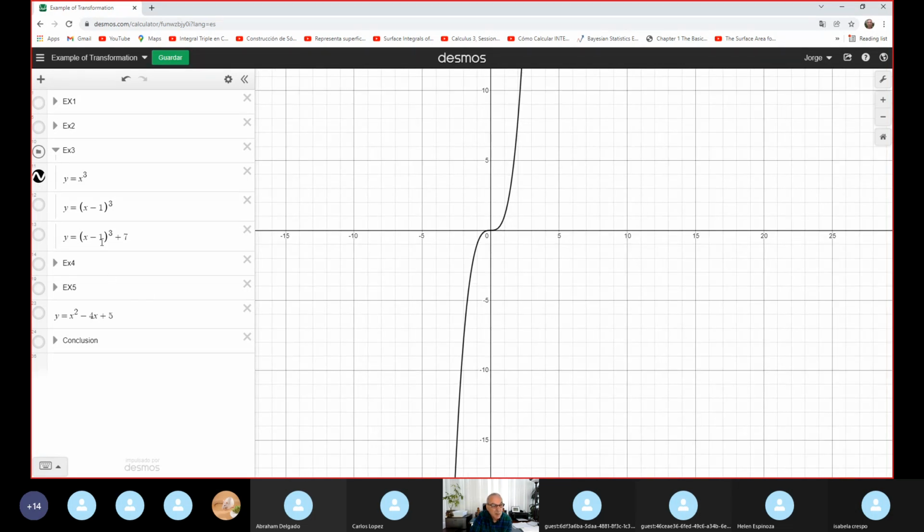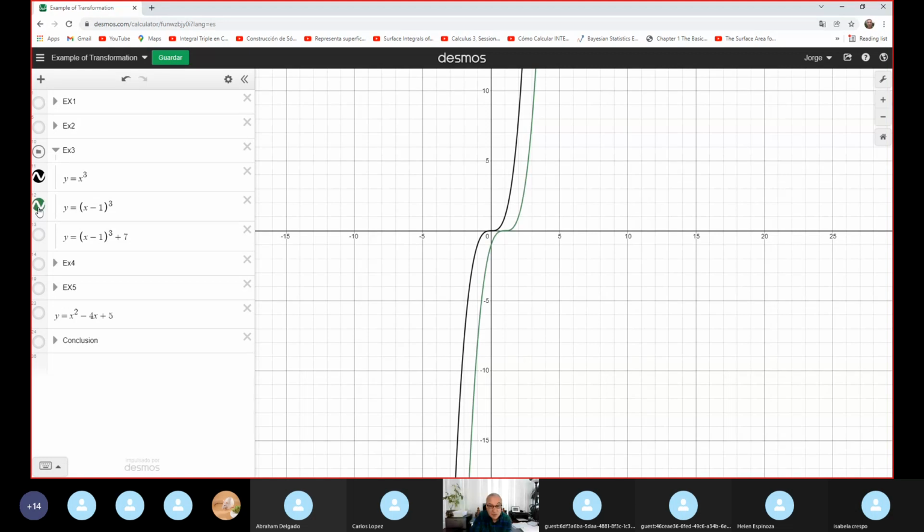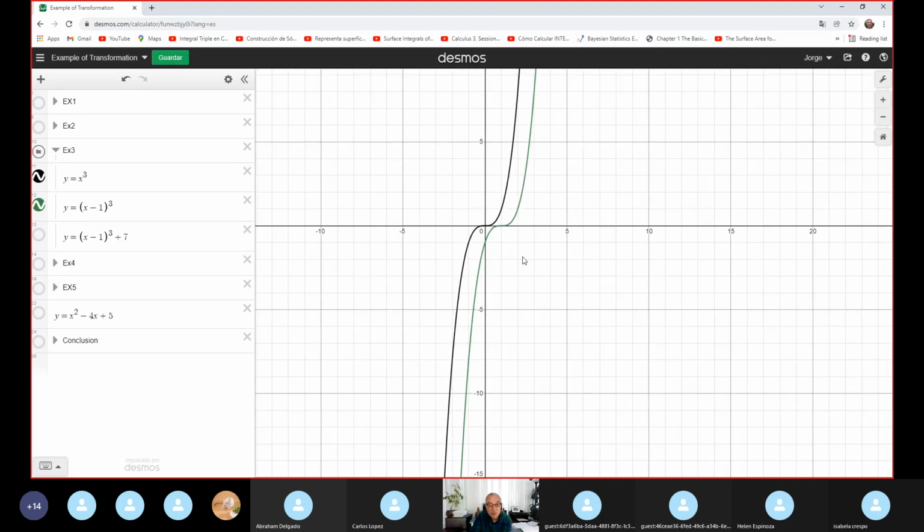So I see my original is this, with two transformations. The first one is minus 1. Minus 1 is a horizontal shift, but in this case to the right, because it's negative. So the blue was the transformation, horizontal shift 1 unit to the right, because it's negative.